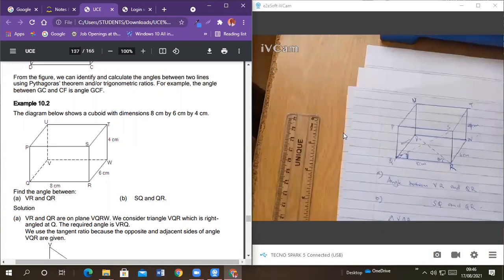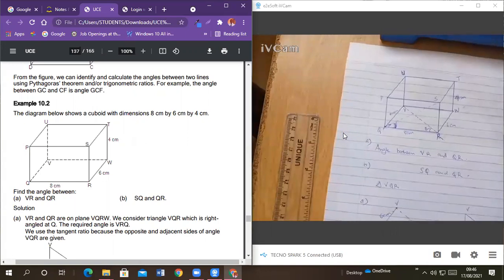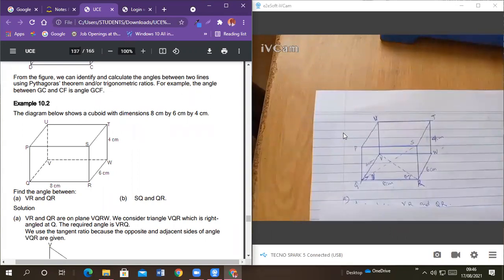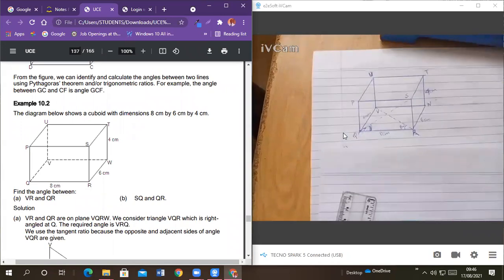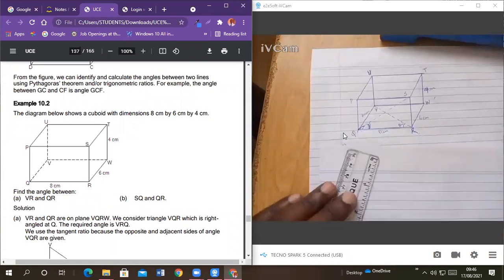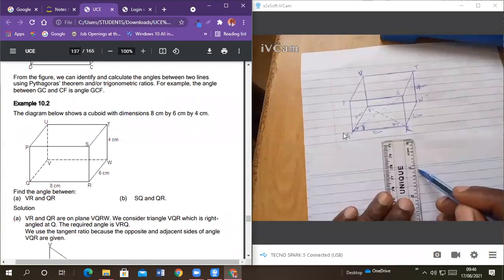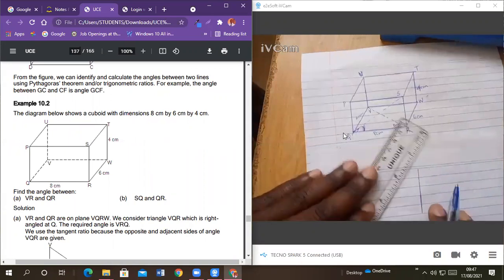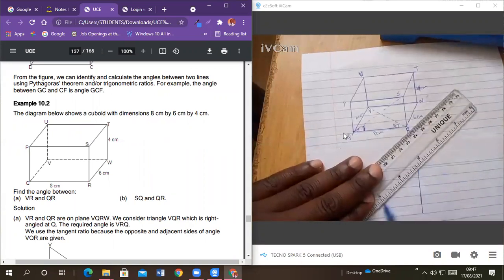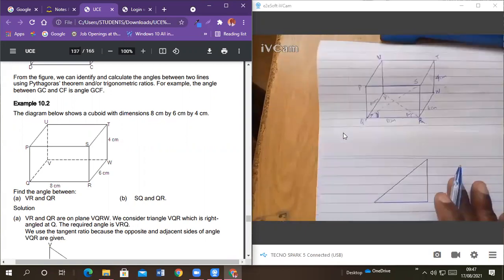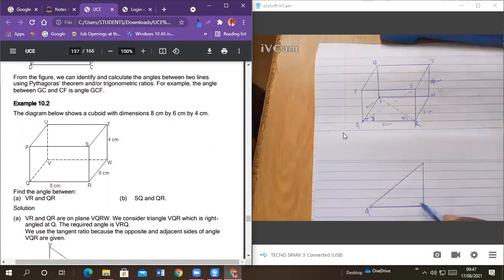Okay. So let us see if I'm going to draw a right angled triangle from that. So it means that I'm going to have SR there. And I'm going to have SQ. Okay. So this is Q, this is R, and this is S. So which angle is between?